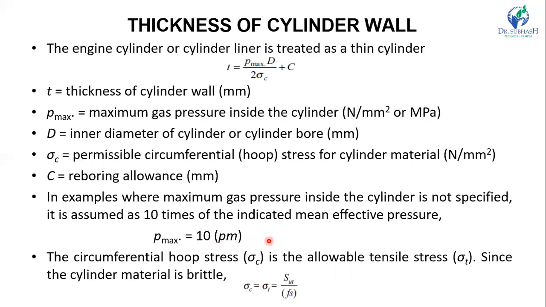And this circumferential hoop stress sigma C is the allowable tensile stress sigma T. Since the cylinder material is brittle, sigma C, or sigma T, is equal to SUT upon factor of safety, where SUT is the ultimate stress of the material. So this hoop stress is given by SUT upon factor of safety.